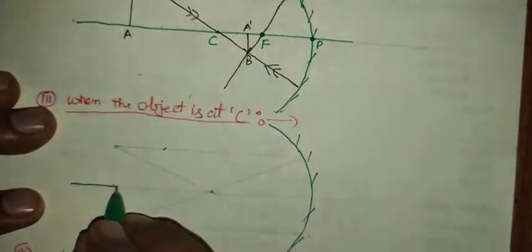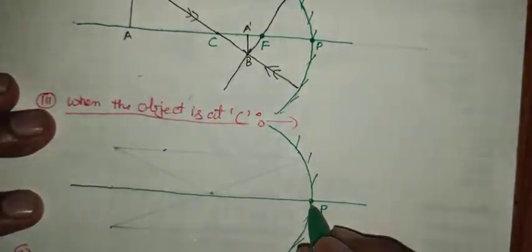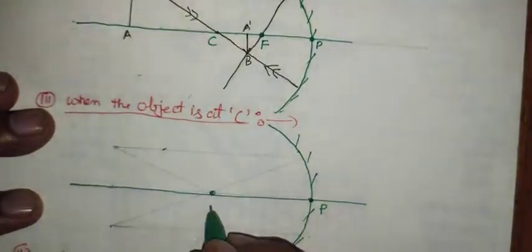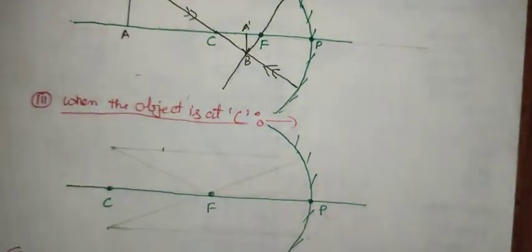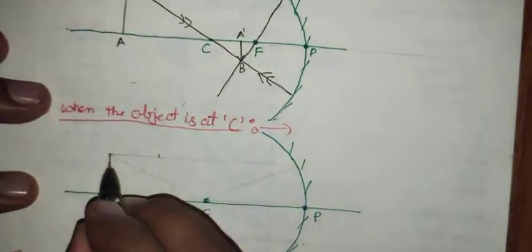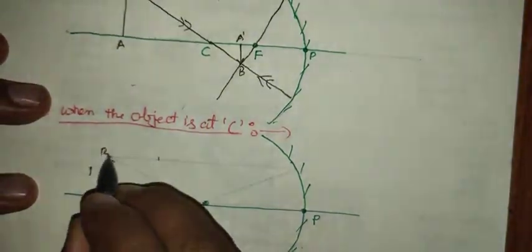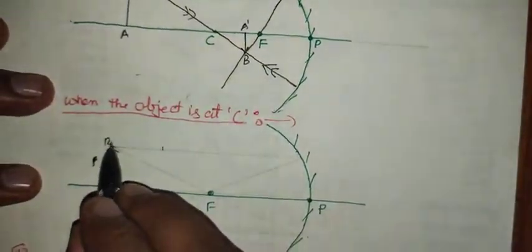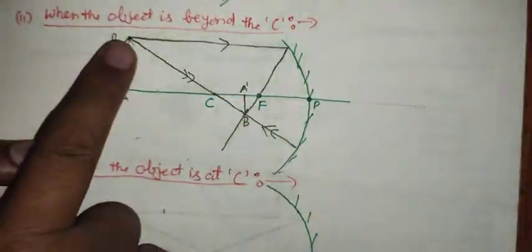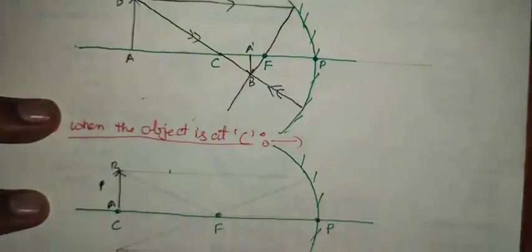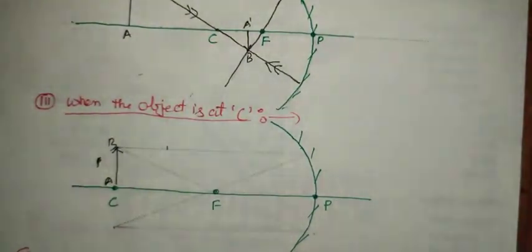Concave mirror, principal axis, consider this point pole P, focal point F and center of curvature C. For the ray diagram, we will take an object AB at center of curvature, same as the previous. First ray we will take parallel to the principal axis and second passing from the center of curvature. In this also, see, this is a ray of light.